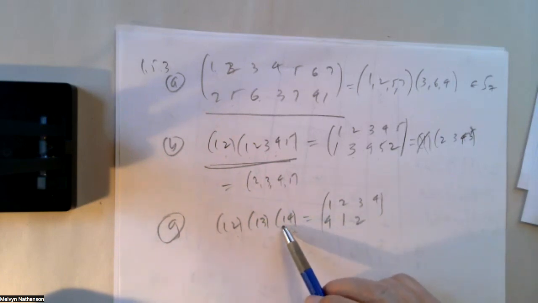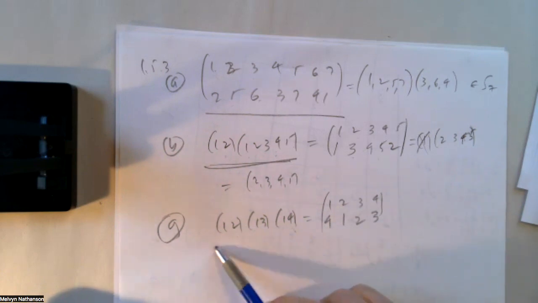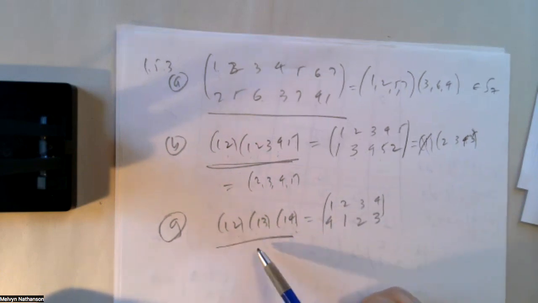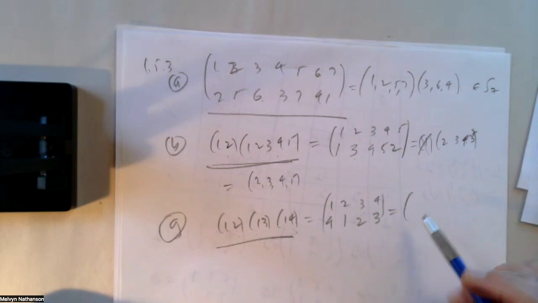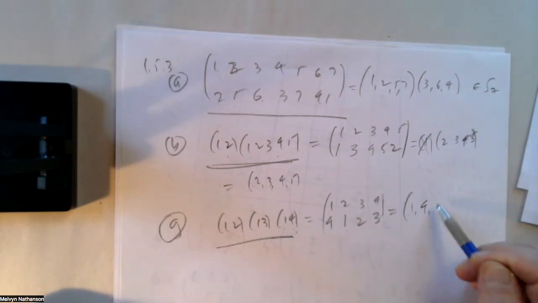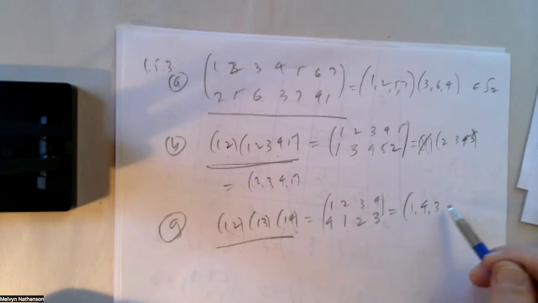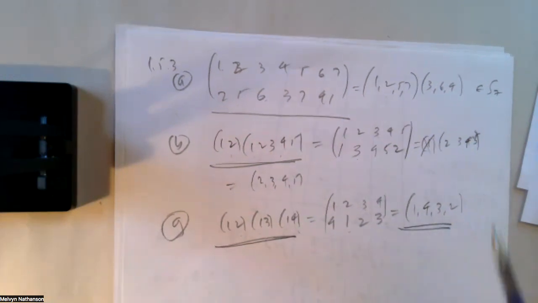This sends 4 to 1, 1 to 3, 3 to 3. So the product of these 2 cycles is this permutation. And if I write this in cycle notation, 1 goes to 4, 4 goes to 3, 3 goes to 2, 2 goes back to 1. So this permutation is a 4 cycle.